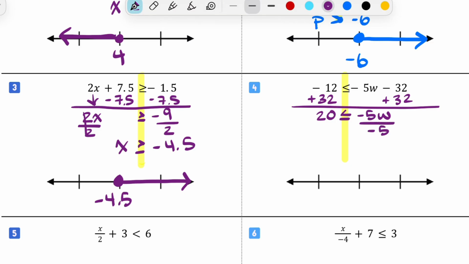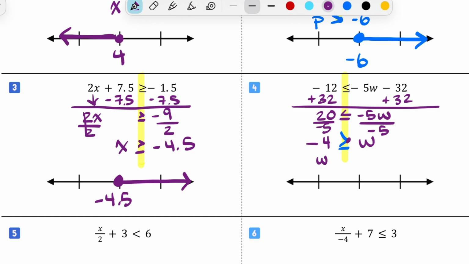And there, as soon as I divide by that negative, I am going to take that less than or equal and make it a greater than or equal, because I need to do that to both sides. Now, on the left, I have negative 4 is greater than or equal to w. Notice that when I am looking at this, the point is heading towards the w.